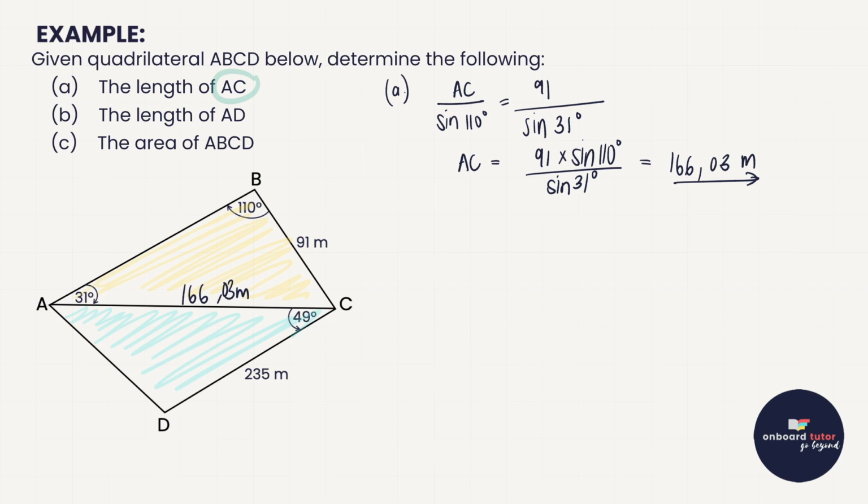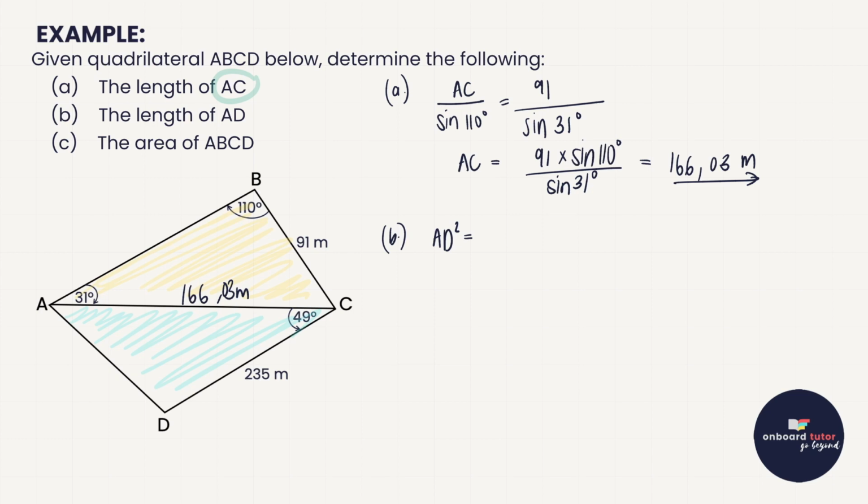All right, so the cos rule, what I do is I take the unknown side and I put it on its own on one side of my equation. So that's going to be AD squared is equal to, and now I'm going to put the two sides that are adjacent to that angle there.